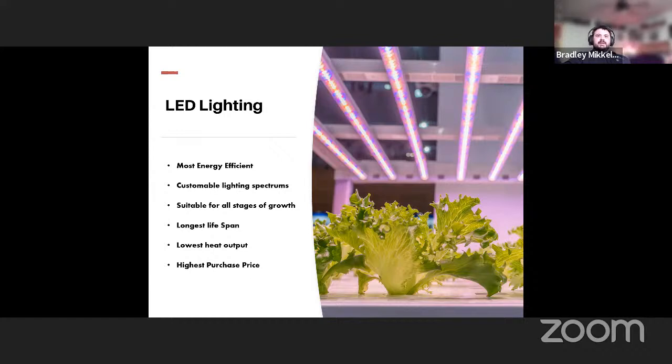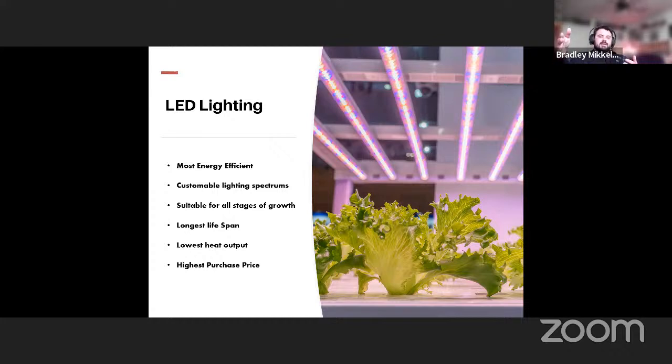Another great thing about LEDs is because you're getting so much intensity, you're actually able to reduce your electrical consumption. And this has been one of the biggest toss-ups between indoor horticulture and its economic viability: the cost of operating a lot of light fixtures can tend to be very high.